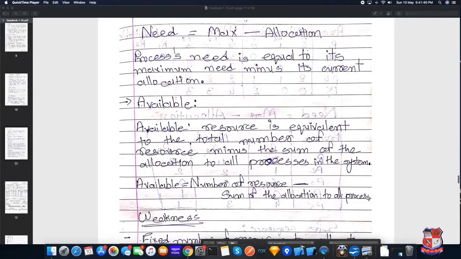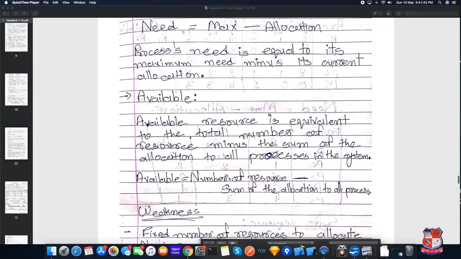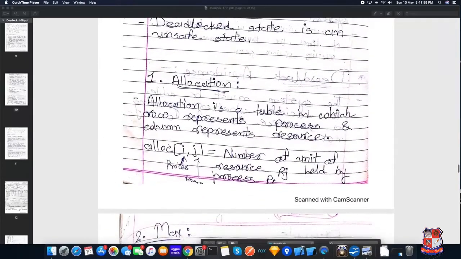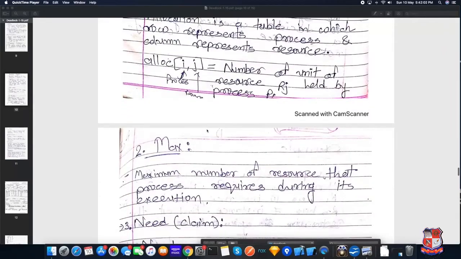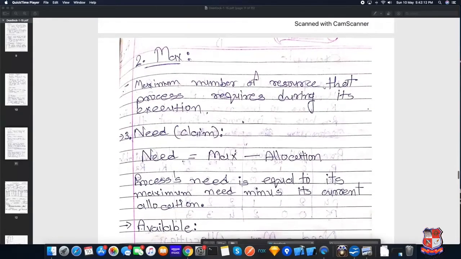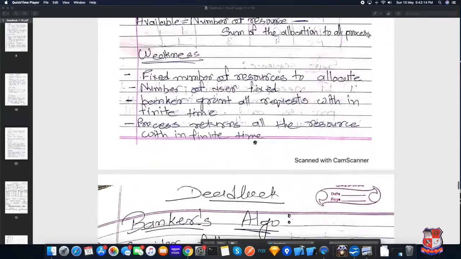To find the available value, we take the total number of resources minus the sum of the allocation to all the processes. Based on these four concepts, allocation, max, need, and available, we can find the safe or unsafe state using the banker's algorithm.